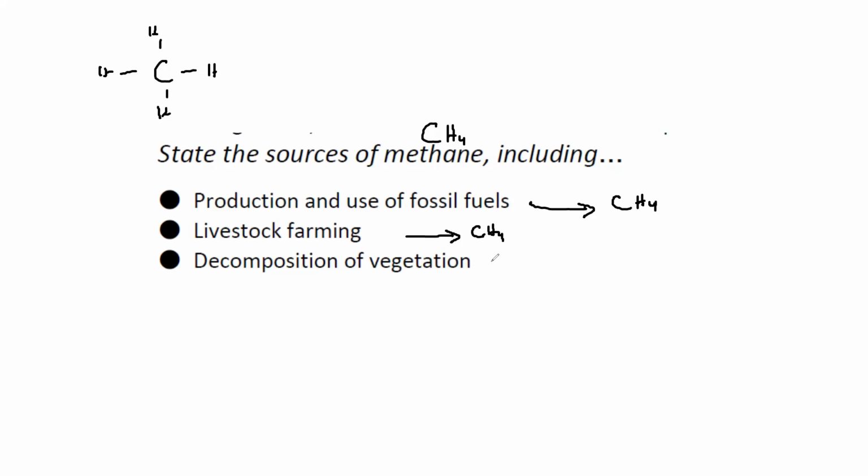And decomposition of vegetation: when organic matter, organic waste, and dead substances decay, that is also giving out methane gas. So these are the three main sources of methane. One is crude oil and fossil fuels, the second is livestock farming, and the third is decomposition of vegetation. And methane is also a greenhouse gas.